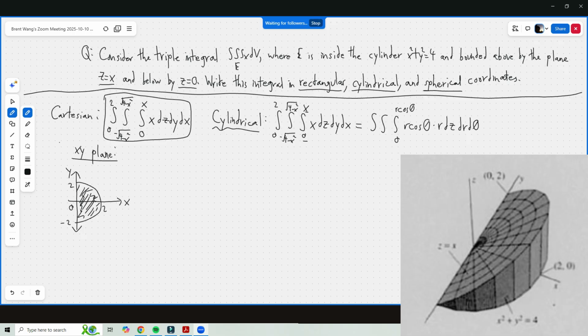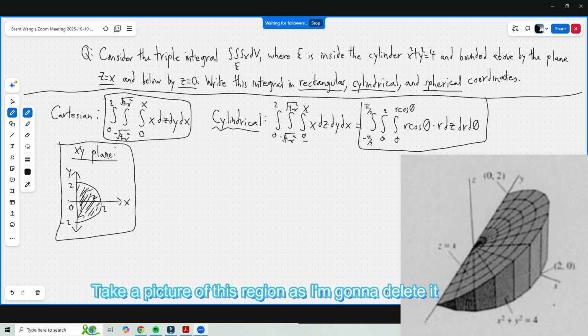And look at the xy plane once again to figure out r and theta. r goes from 0 to 2, and theta goes from negative pi over 2 to pi over 2. This is our answer for cylindrical coordinates.